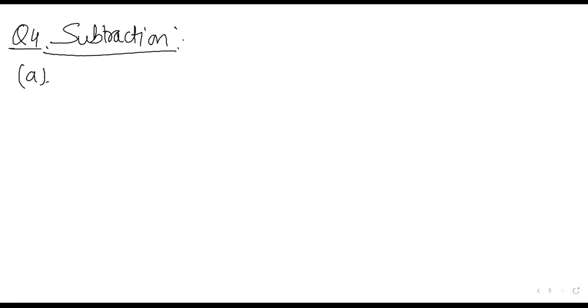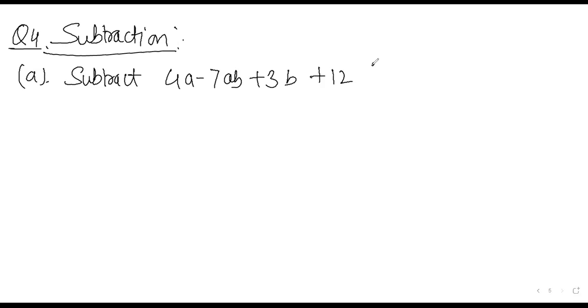So A part: subtract 4a minus 7ab plus 3b plus 12 from the given expression, that is 12a minus 9ab plus 5b minus 3. This is the algebraic expression.